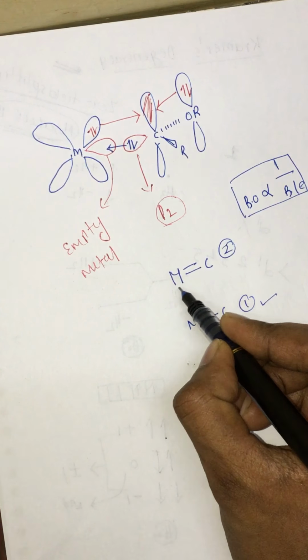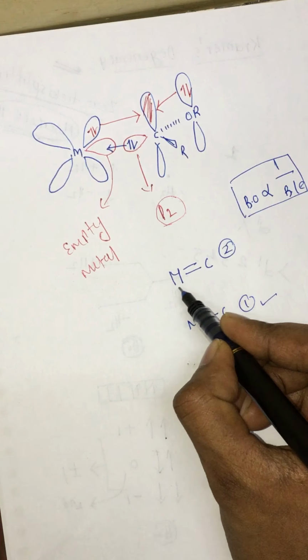So this is the reason why in Fischer carbene the M double bond C bond length is greater than M double bond C. And when we compare Fischer carbene M double bond C and M single bond C, the bond length will be lesser compared to M single bond C, because here the bond order is 1, but the bond order in this case lies between 2 and 1.5.